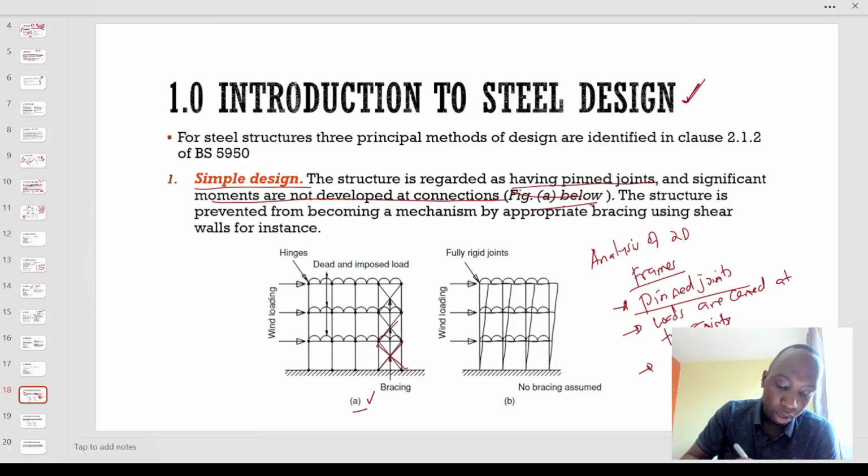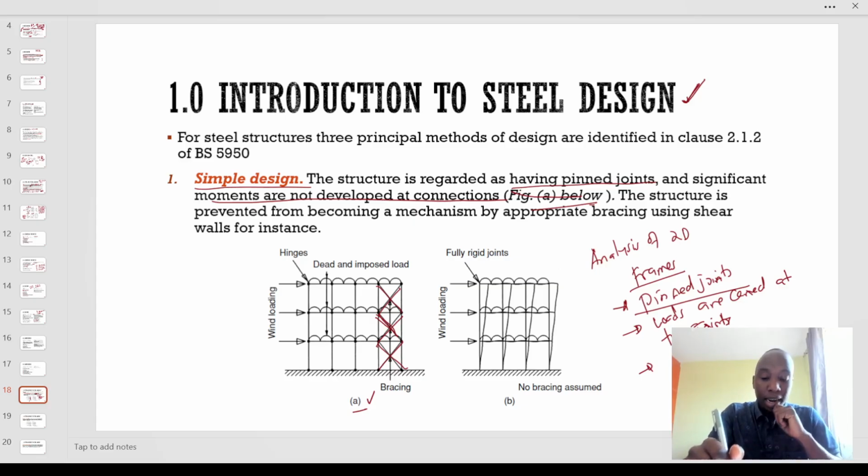So when you provide braces, they behave as individual systems. When you supply a wind load at one section, it will not affect the entire section.